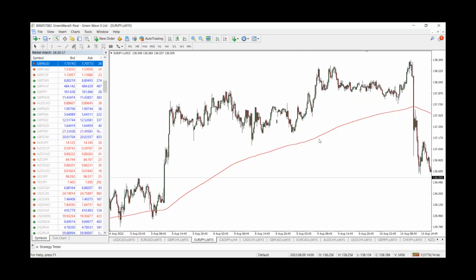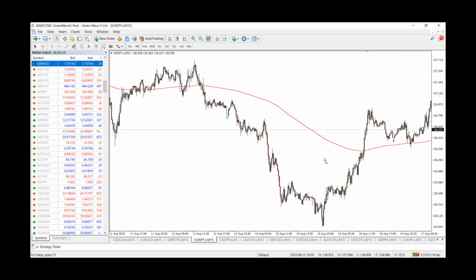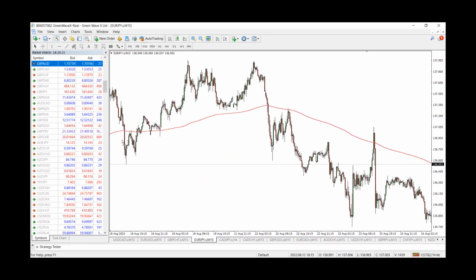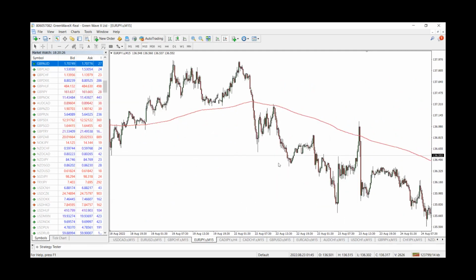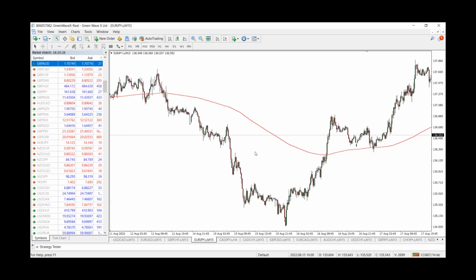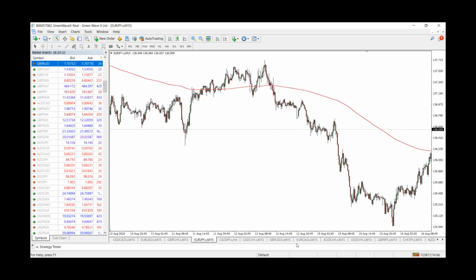So instead of doing a complex trend analysis, you can just use the moving average to look at what the market is doing at the moment, what kind of trend we have, and in what direction the market is moving. So that is it. Now, what other ways can we make use of the moving average?